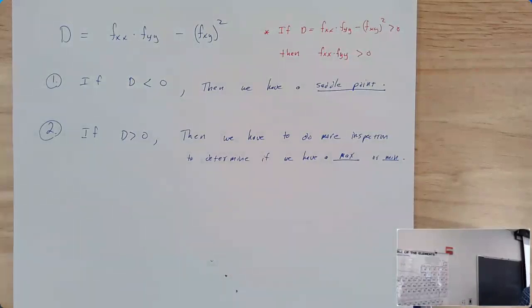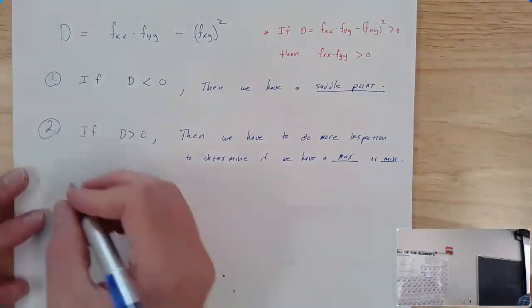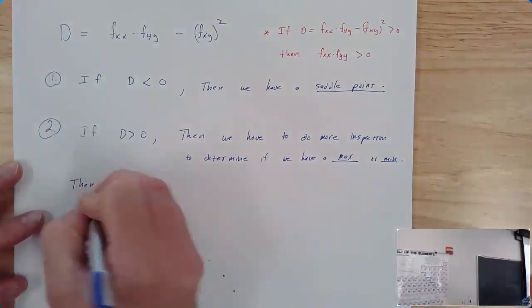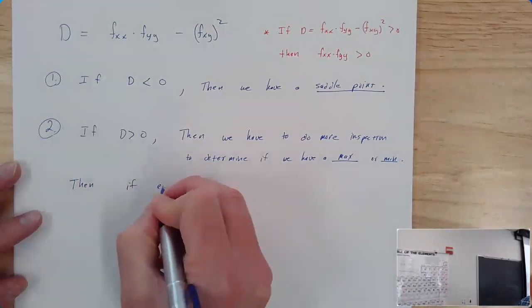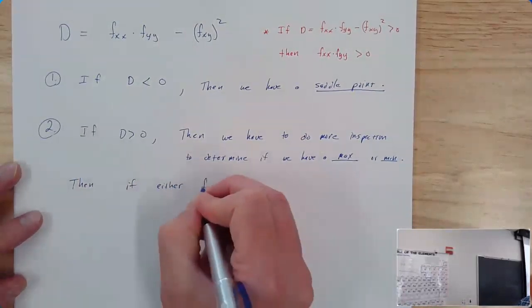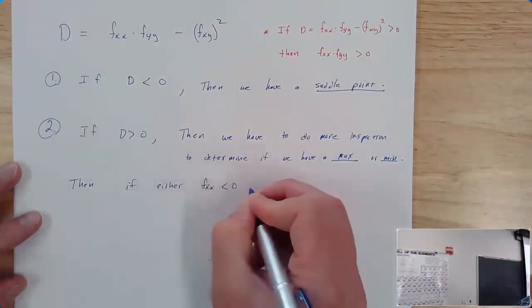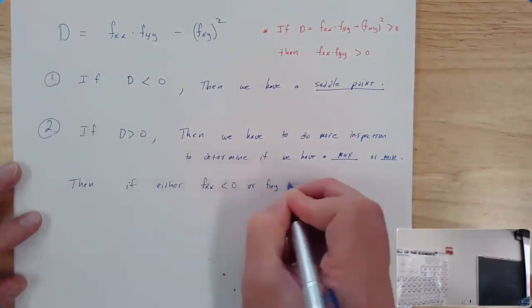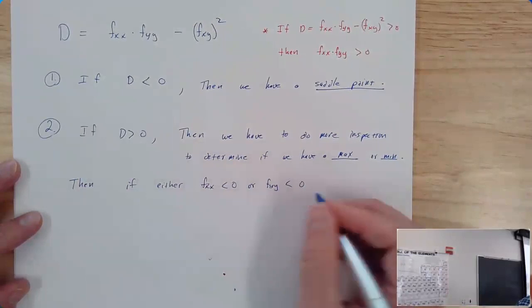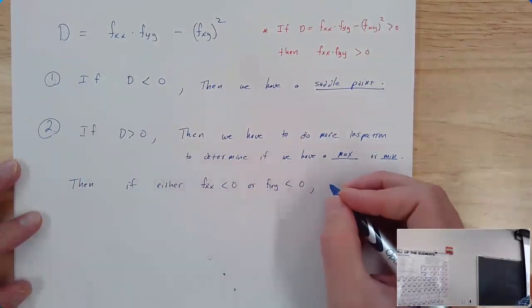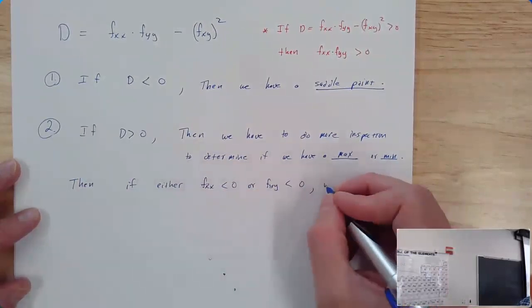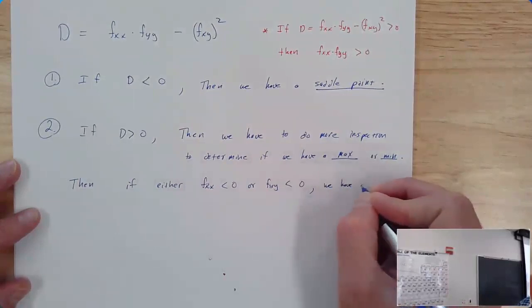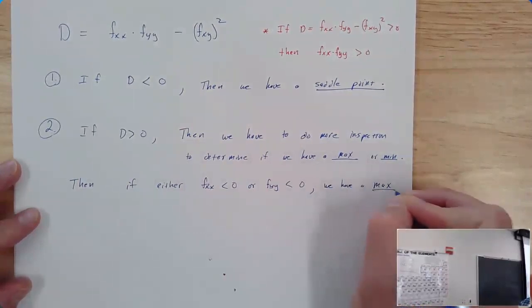And so we don't have to check both of them. We only have to check one of them, like Eric was saying. So if D is positive, then we can say if either fxx is less than 0 or fyy is less than 0, we have a maximum because it's concave down.